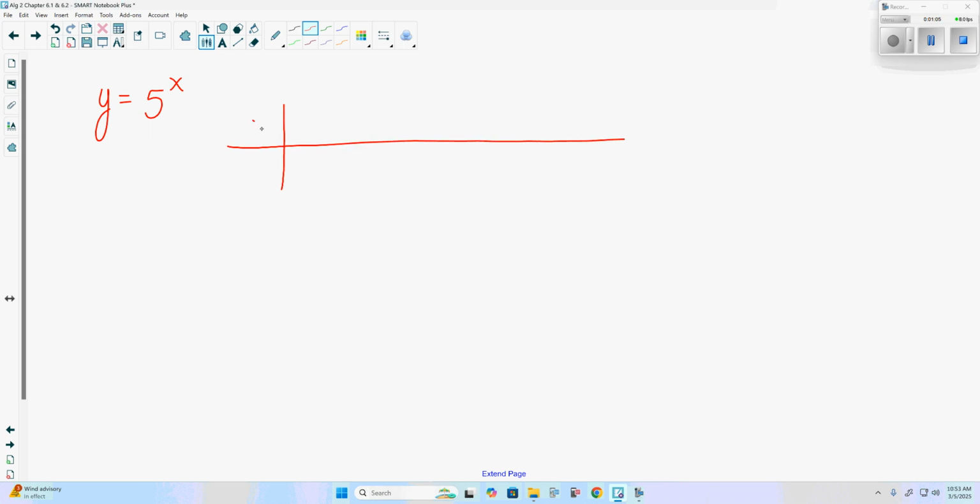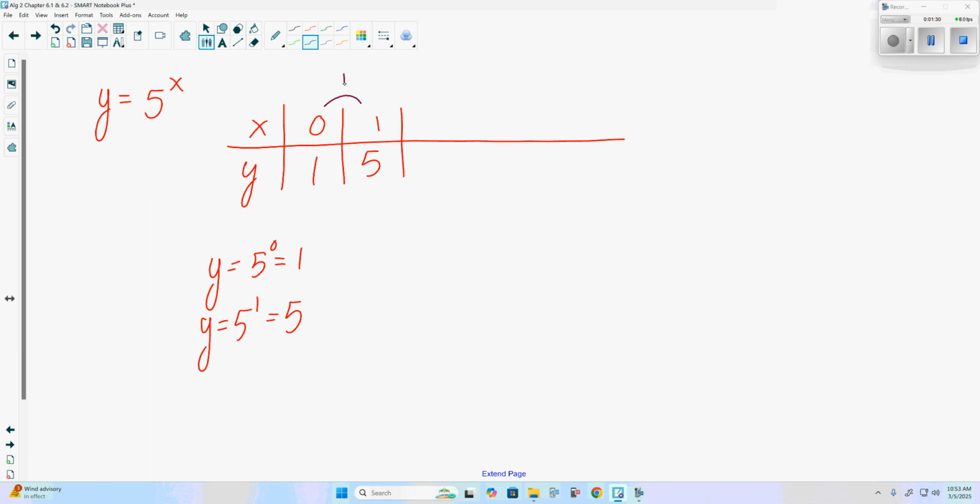And a table of it with x values and our y. Well, when x is 0, we're saying y is equal to 5 to the 0. And anything to the 0 power would be 1. So when x is 0, the y value is 1. When x is 1, we're looking at y is equal to 5 to the first power, which is just 5. So for us here, the x value is increased by 1.